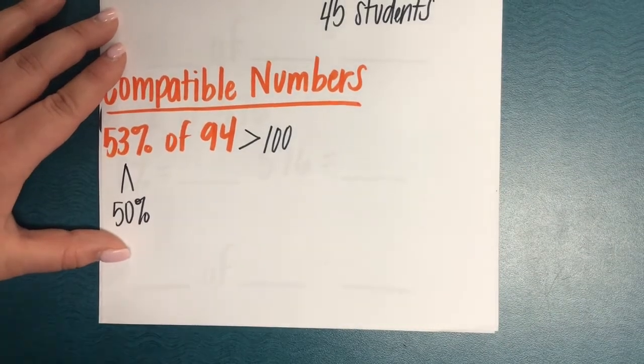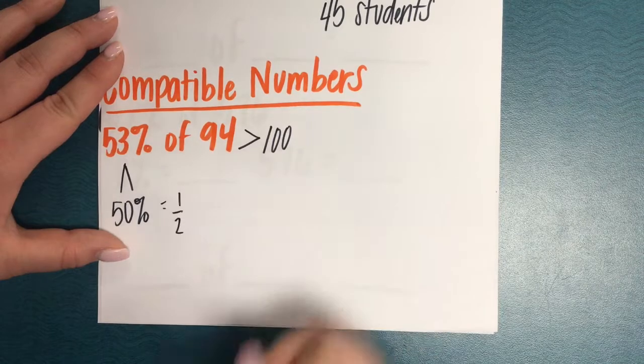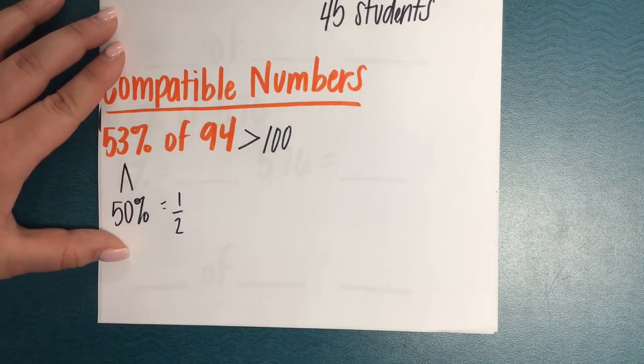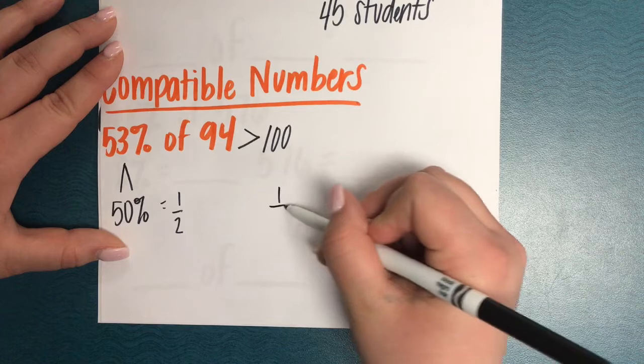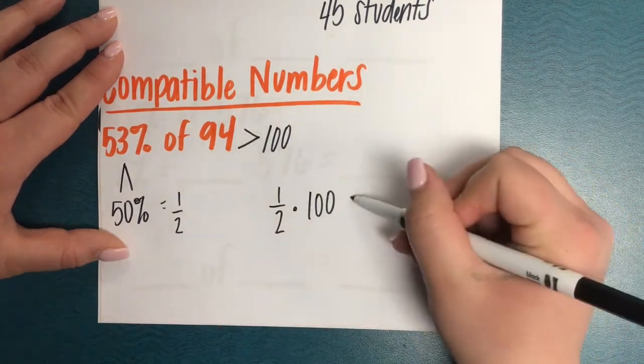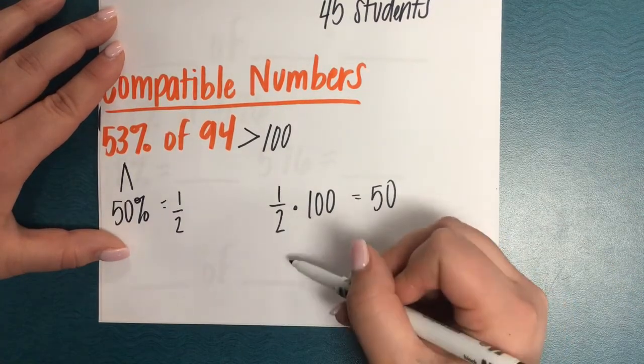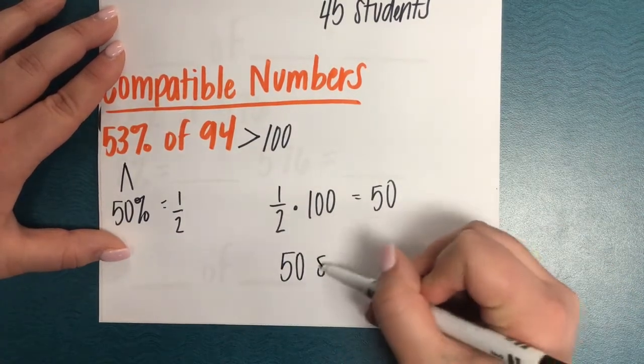Okay, so remember that 50% is equal to 1/2. So we are trying to figure out 1/2 of 100, and we're going to get 50. So this one is about 50 students.